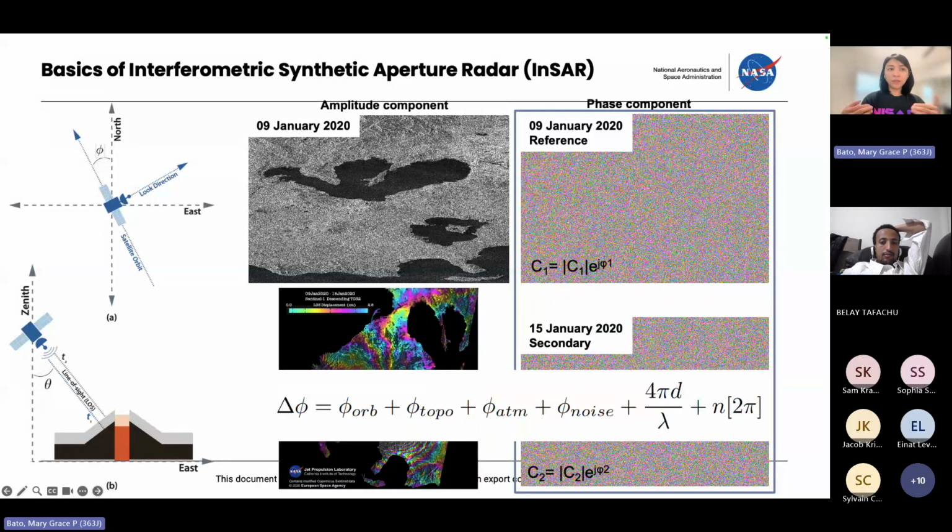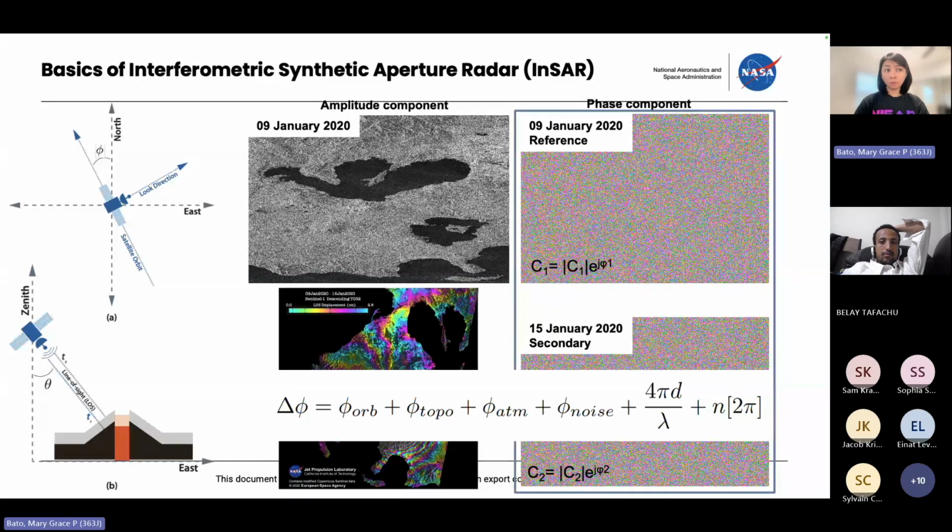But when we think of the interferometric phase difference, it's actually not just the deformation that's in it. In this case, the dominant signal is just the deformation because we know there's a huge ground movement as a result of the eruption. But basically, the differential phase is composed of the orbital term, which comes from the satellite's orbit uncertainty, and tiny errors in the satellite position can introduce some phase ramps across the image.